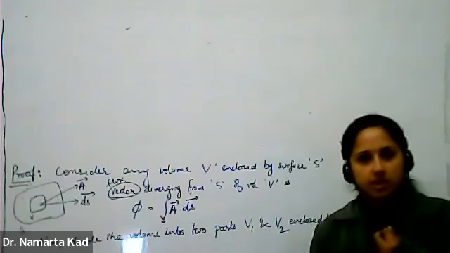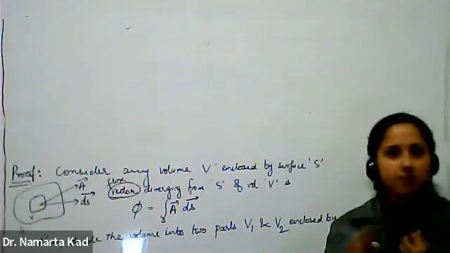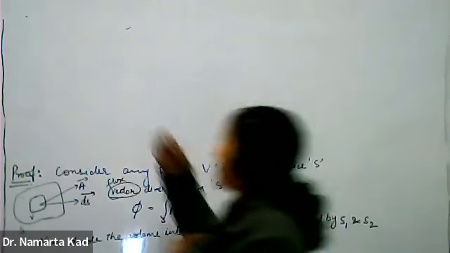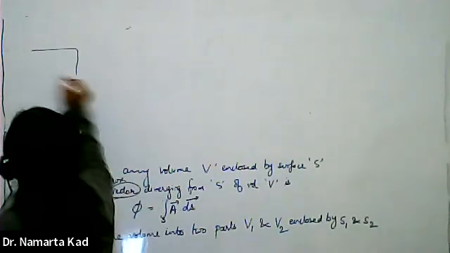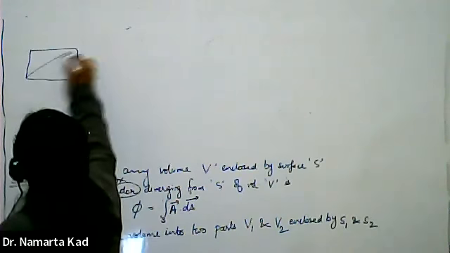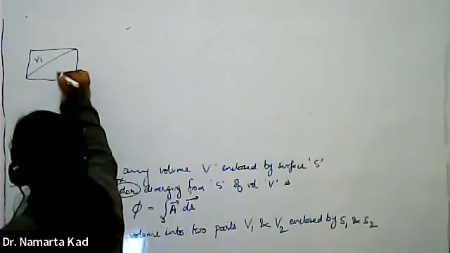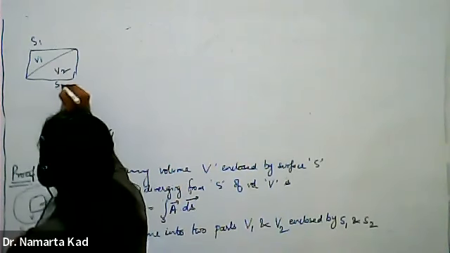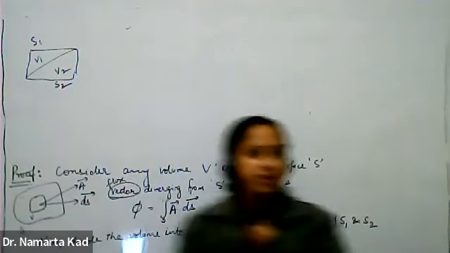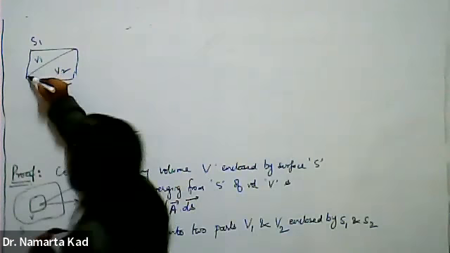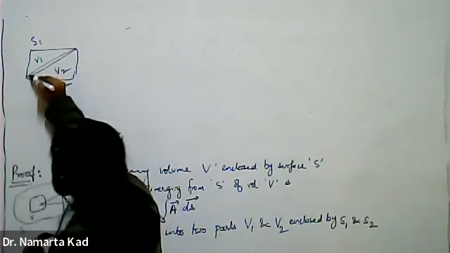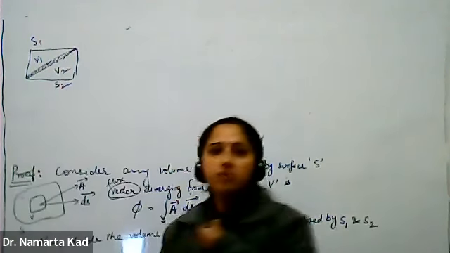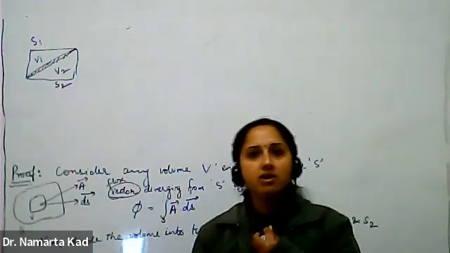We set that part as V1 and the second part as V2. V1 is enclosed by S1 and V2 is enclosed by S2. And this portion is the common portion between both V1 and V2.